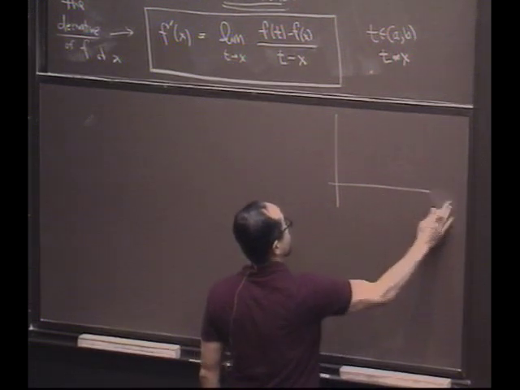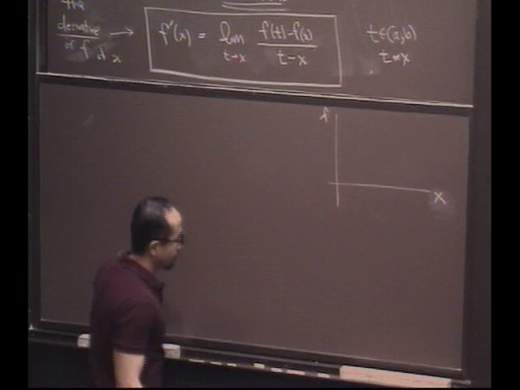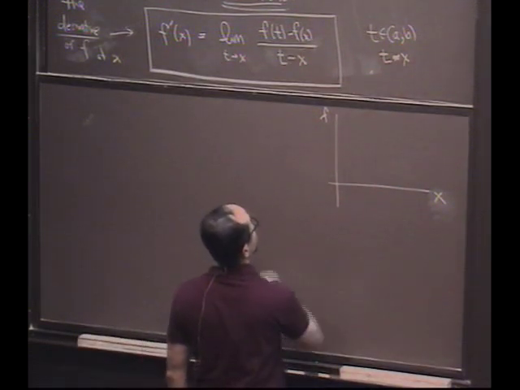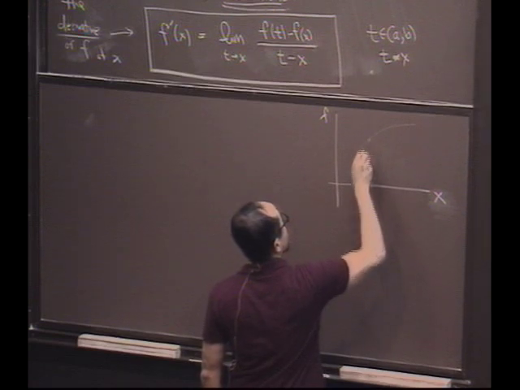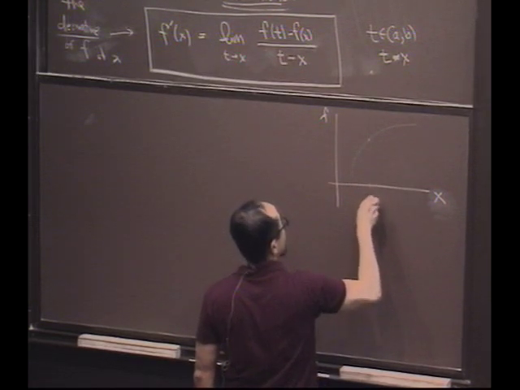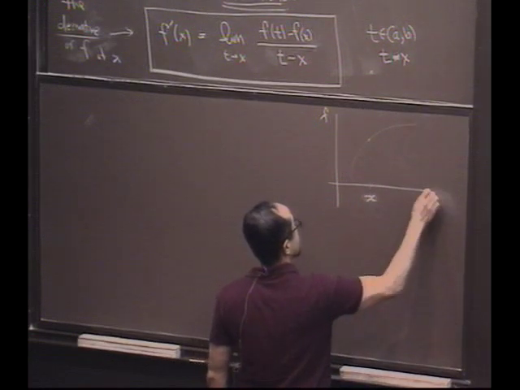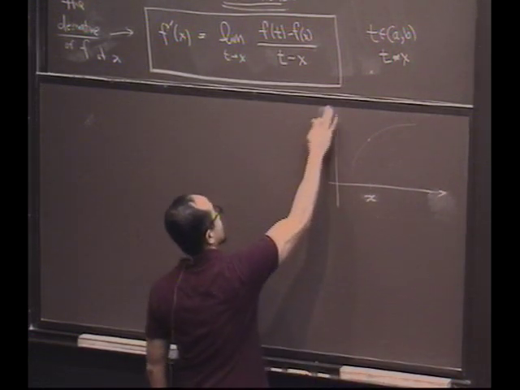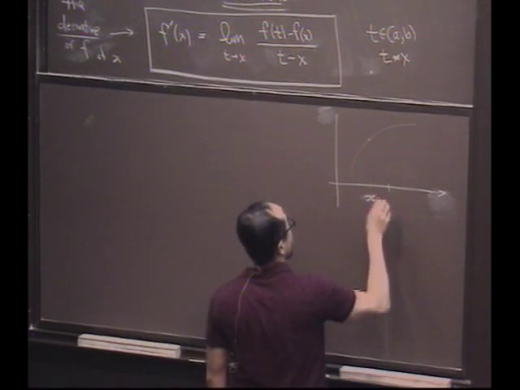If I take the graph of some function, the function might look like so. And I want to understand what's happening at a particular point x. This is the x-axis.